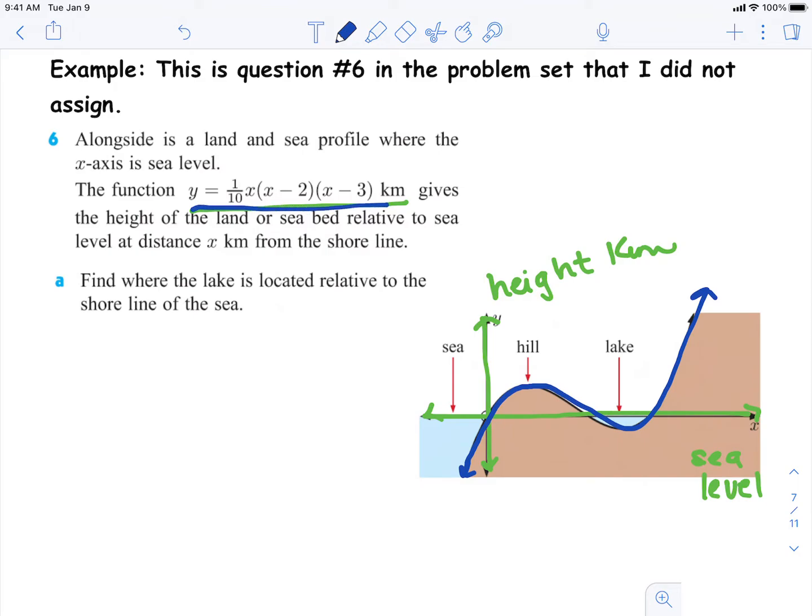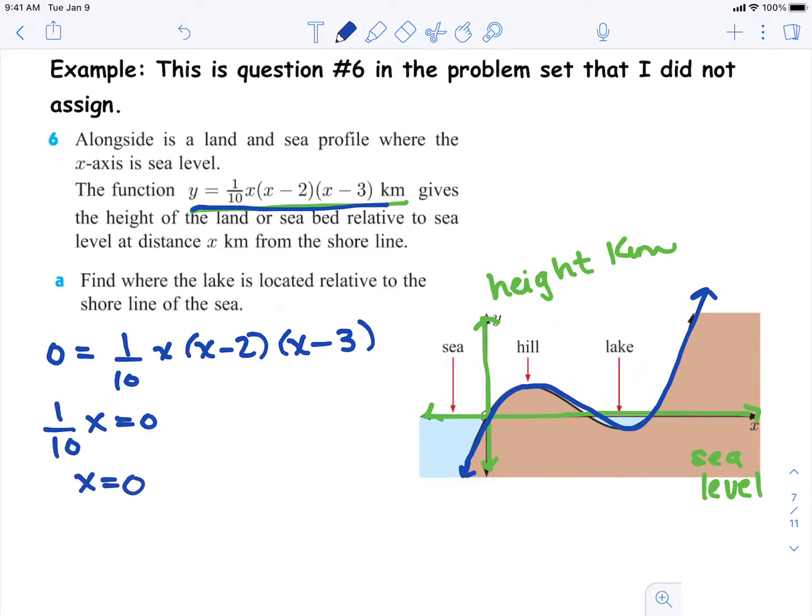Part A says, find where the lake is located relative to the shoreline. So we're going to set that equation equal to 0 and solve for x, finding those critical points. We take 1/10 x equals 0, so x equals 0.